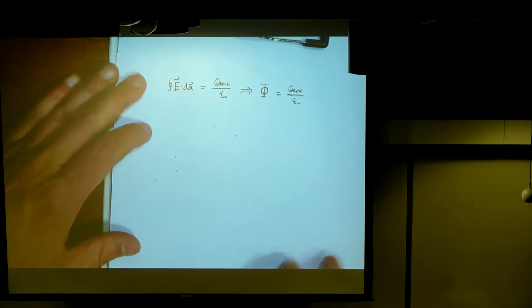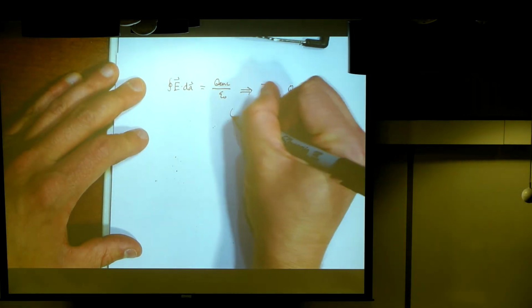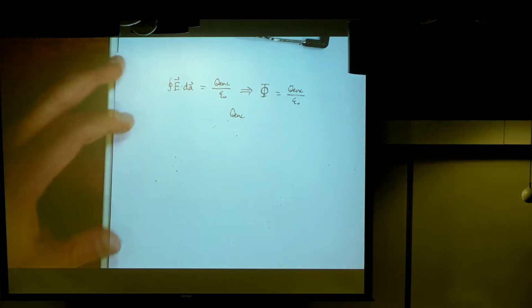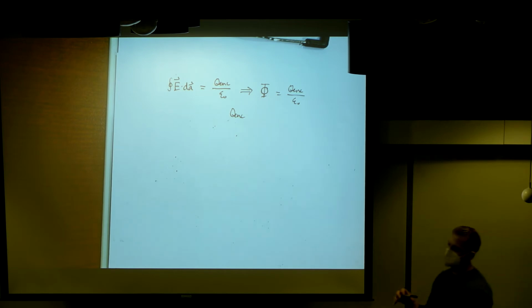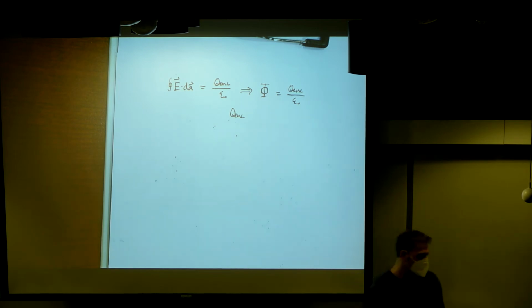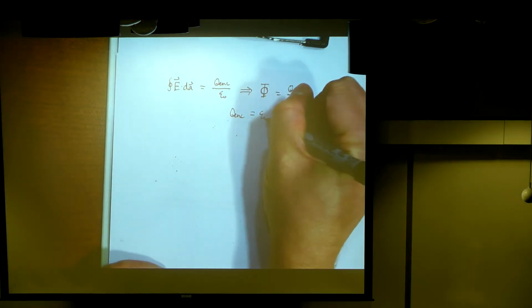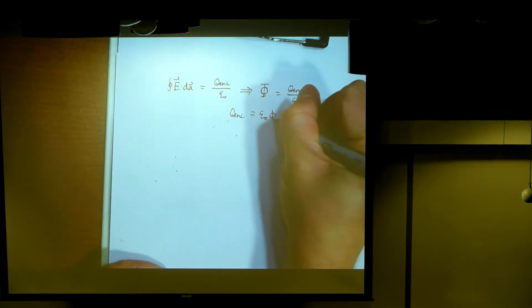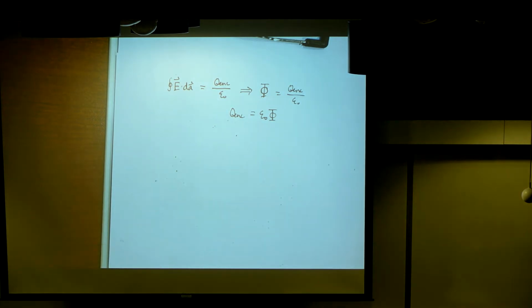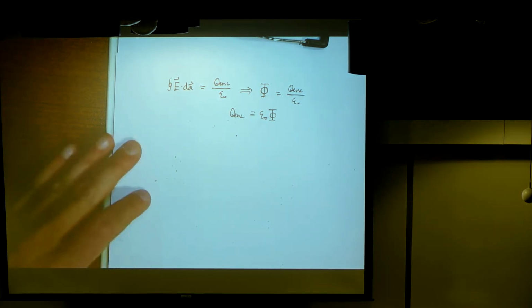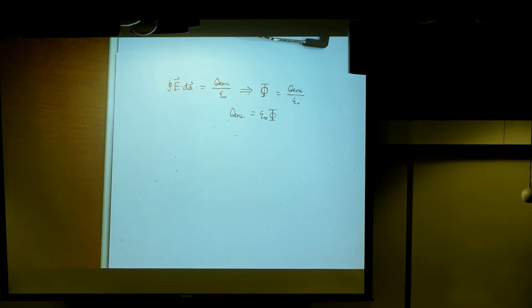Now in this case, what we want to know is Q enclosed. We want to know how much electric charge is being surrounded by this cylinder. And so we'll just rearrange to say that is equal to epsilon naught times the total flux phi. But here's what we're going to do with that.